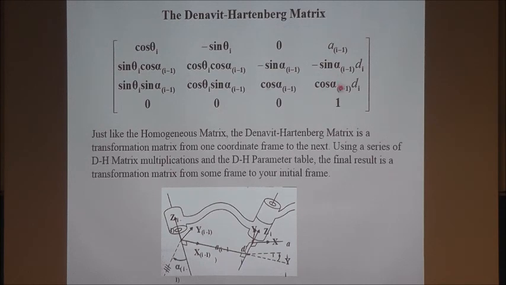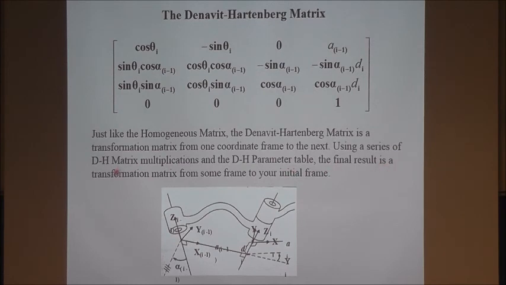And the last column is going to be your coordinates at the i minus first position. Okay. Just like the homogeneous matrix, the DH matrix is a transformation matrix from one coordinate frame to the next one, using a series of DH matrix manipulations and the DH parameter table.